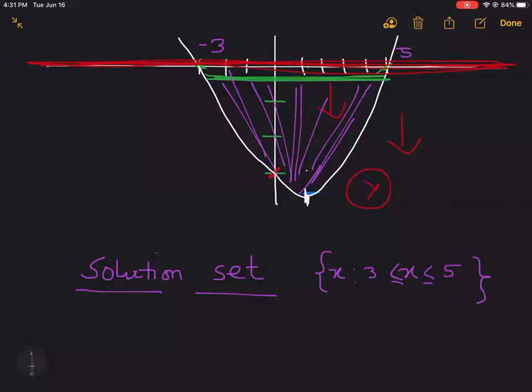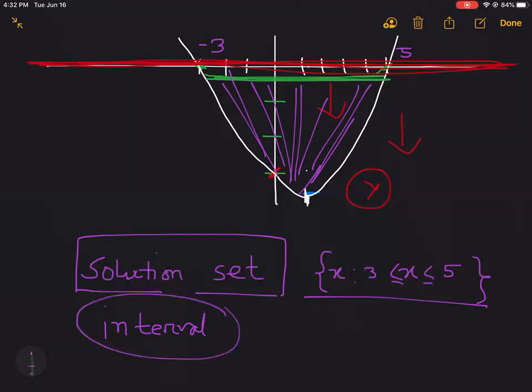But if the question wants you to write using interval notation, then you can't use that. So once again, take a look at the question very carefully and see what the question wants you to do. If it wants you to write using interval notation, then you need to, oh, sorry, it should be -3.